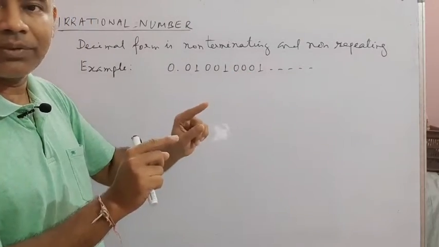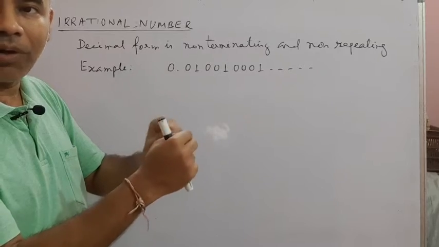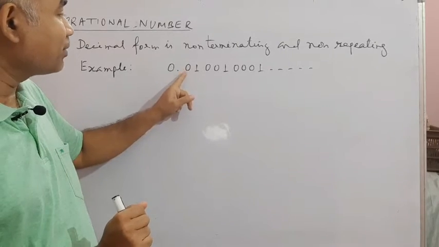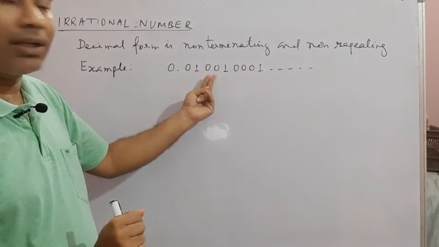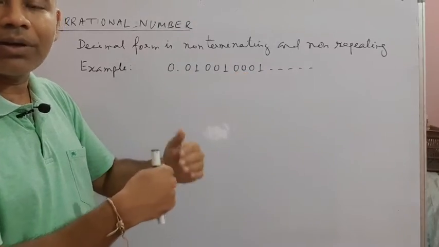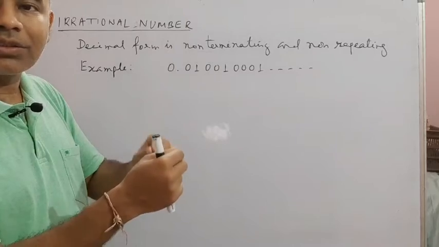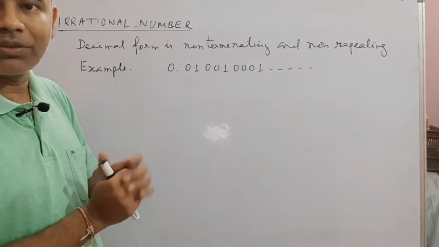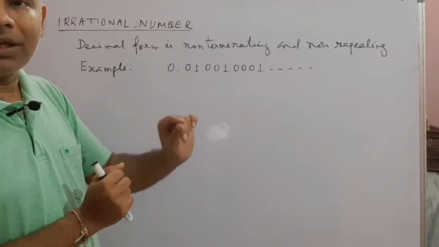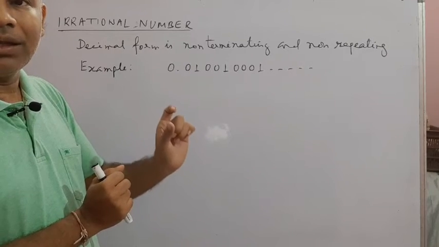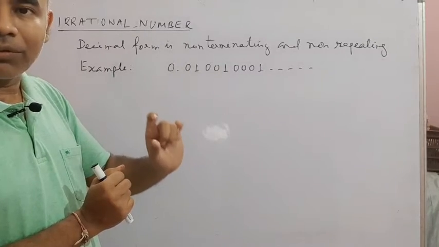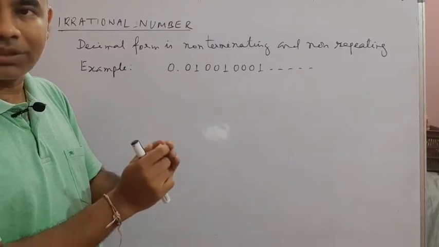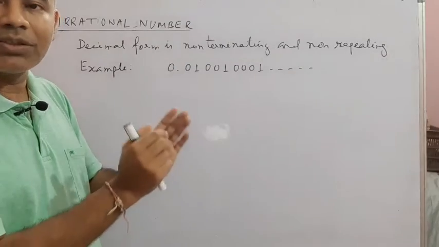So equal numbers of digits are not repeating, and in that case it is not called repetition. Remember, when a digit appears more than once, it must appear after an equal number of digits, or when a group of digits repeats, it must repeat together.